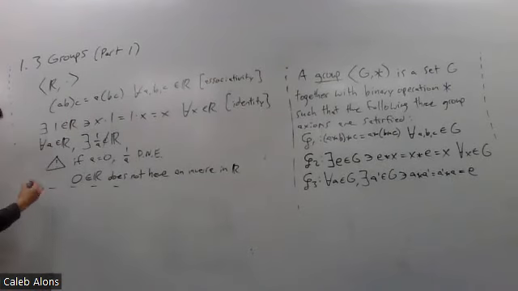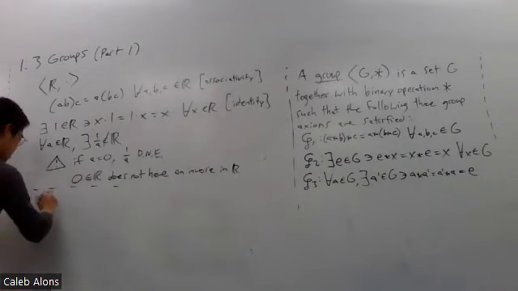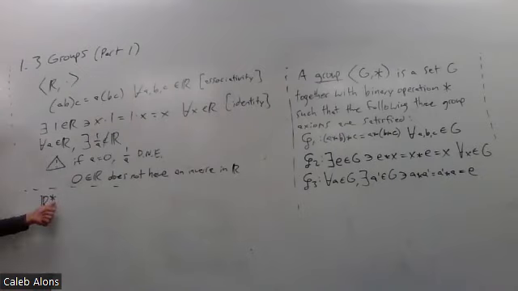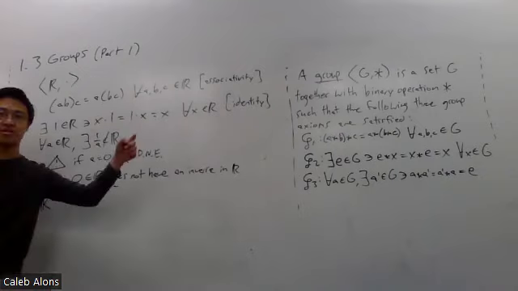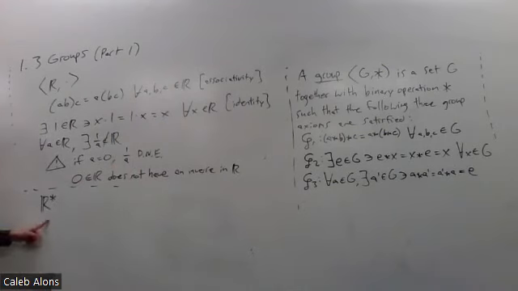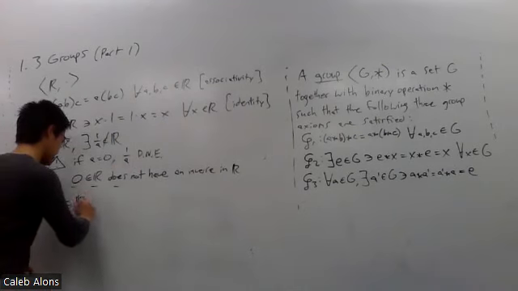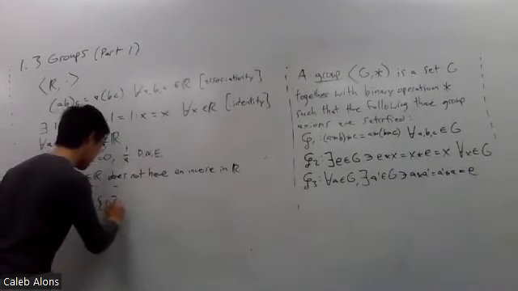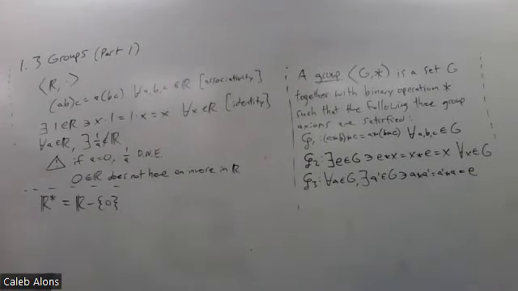And the way we notate a set where you remove 0 is you superscript a little asterisk, not to be confused with a binary operation. This is the set of reals without the element 0, and it's really nice because this allows us to do division.